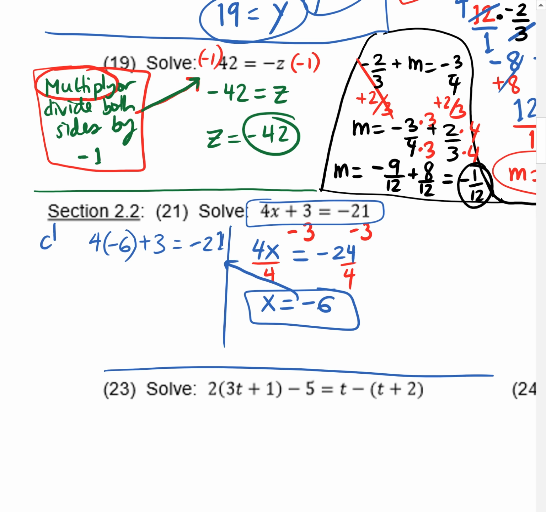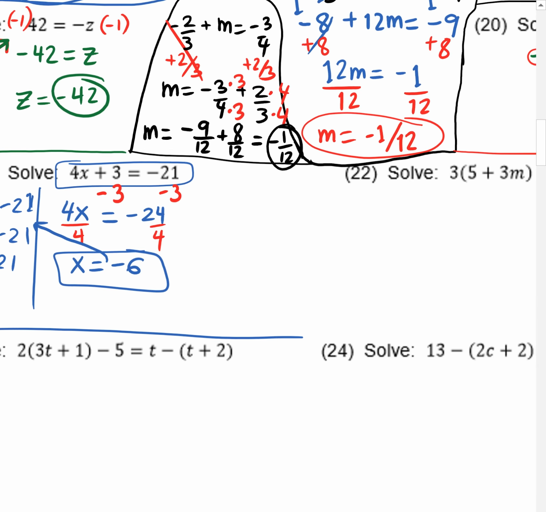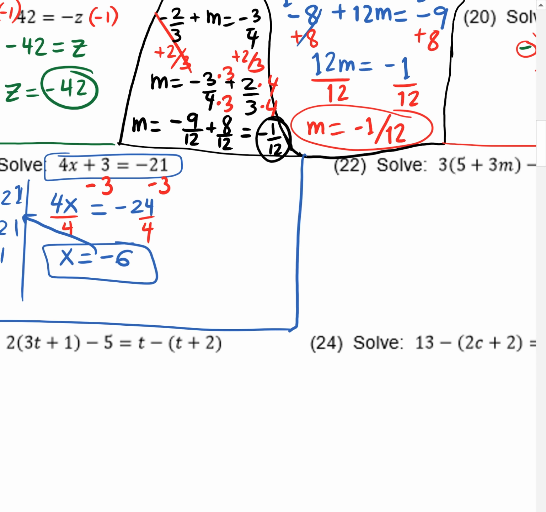So this is me checking. It's totally optional. It's not like I'll mark you down if you don't check, but I'd be mad at myself if I got these problems wrong, like I knew all the right steps, I just did something silly wrong. This will catch you if you think you might have made a mistake. Okay, but we got the right thing. Negative 21 is negative 21, so I must have done that one right.